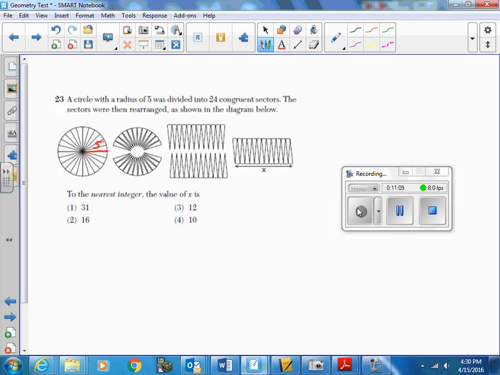We could find the area and the circumference. So let's find both the area and the circumference of this original circle. Area is equal to, remember, pi r squared, so that's pi times 5 squared, which is equal to 25 pi, approximately 78.54.